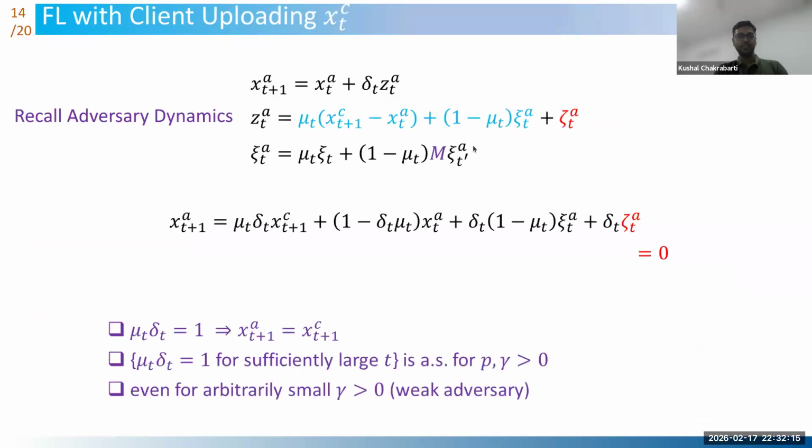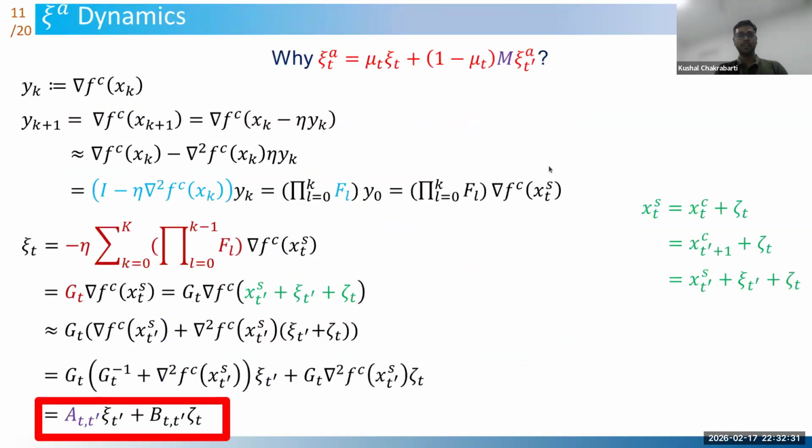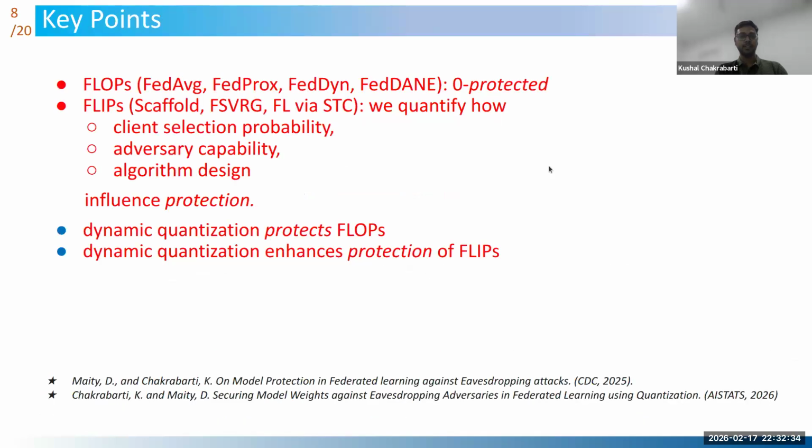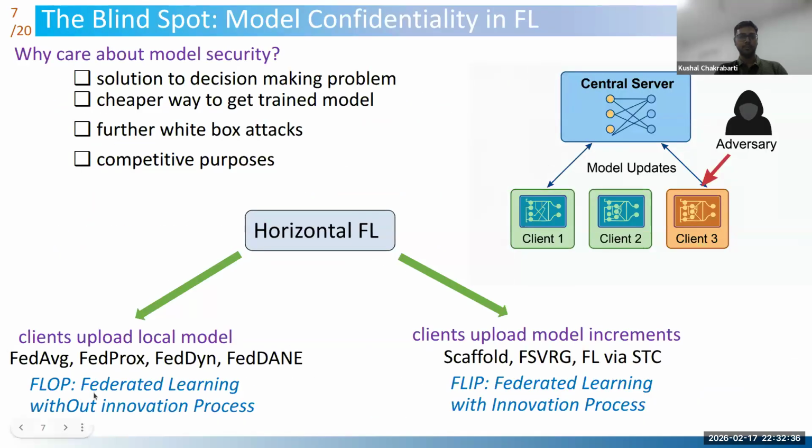So that brings me to the end of the first part, where so far I have tried to uncover the existing vulnerability in federated learning when there is an eavesdropping attacker in the communication channels, and tried to get what kind of protections are offered by these flip and flop type of algorithms.